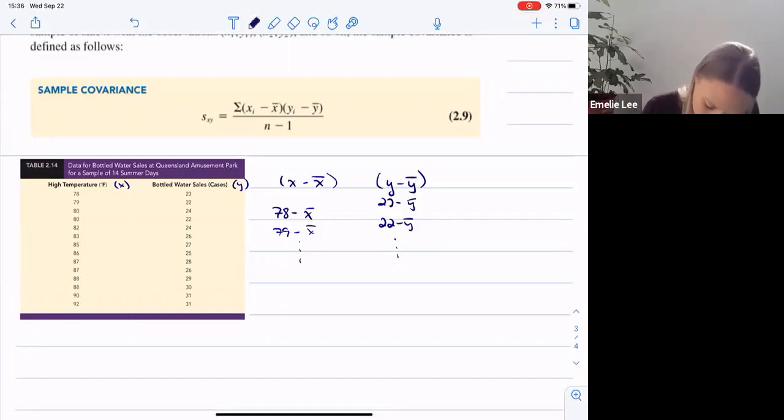Then I would make another column of X minus X bar times Y minus Y bar.